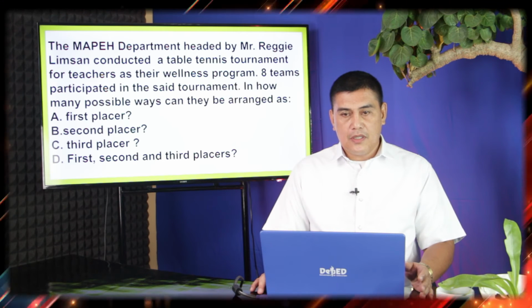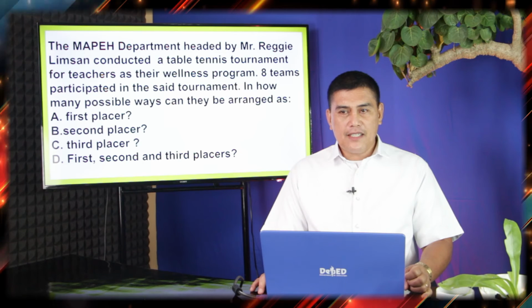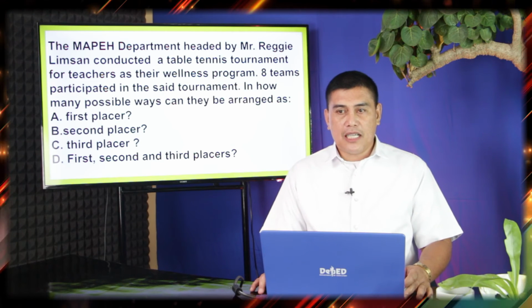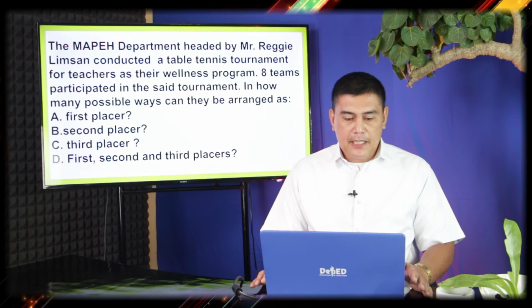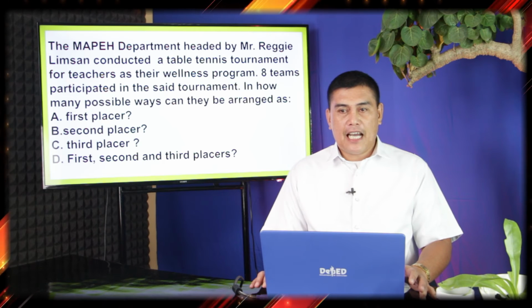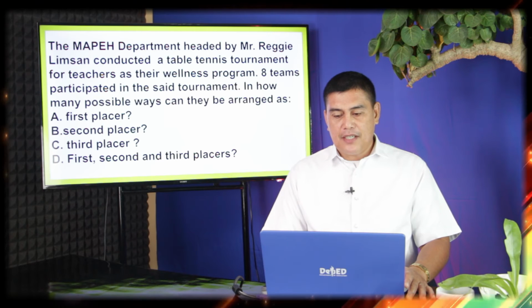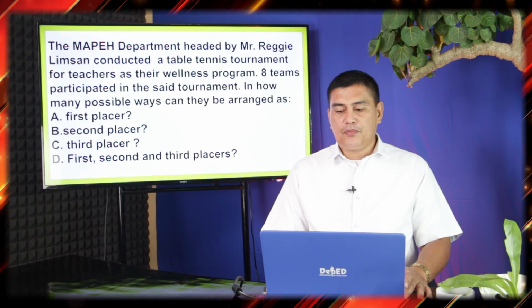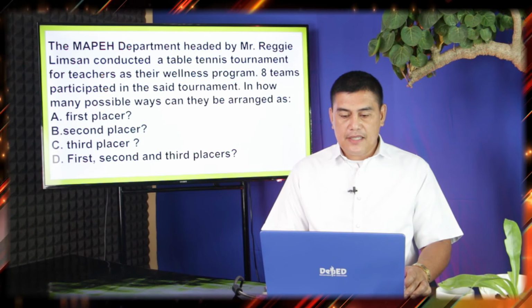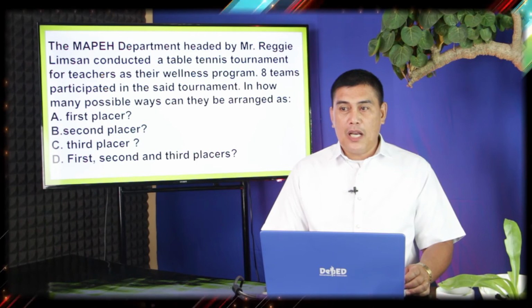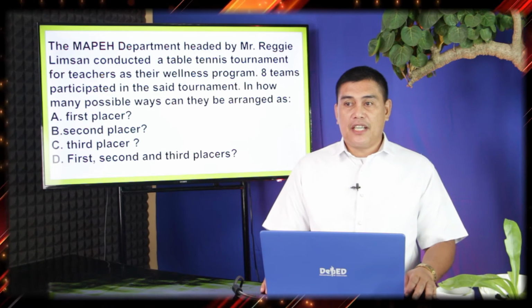So, to determine the possible ways of first, second, and third, ano ang gagawin natin? Yes, i-multiply lang natin si 8 times 7 times 6. So, what is the answer? The answer is 336 ways na ma-arrange natin ang 8 teams as first, second, and third.